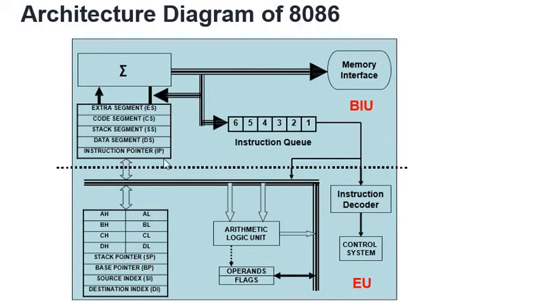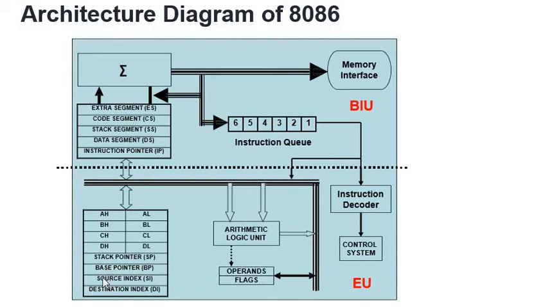Whenever the code segment is accessed, the instruction pointer will be holding the offset address of the next instruction line to be executed. Other than this instruction pointer for code segment access, for the remaining three segments of the memory, the particular memory location offset address can be stored in any of these index registers. So base pointer, source index, and destination index.